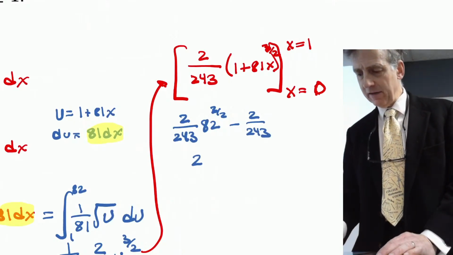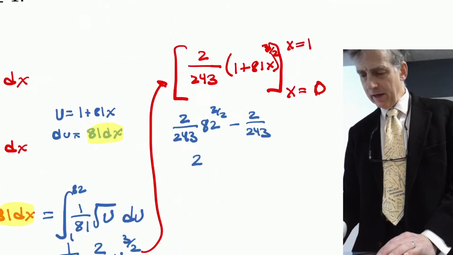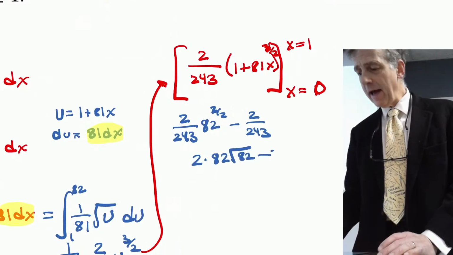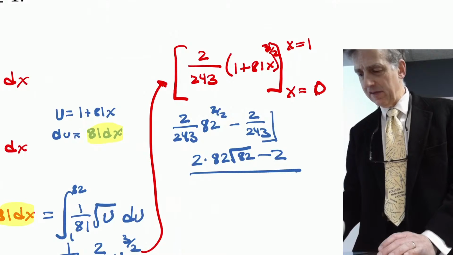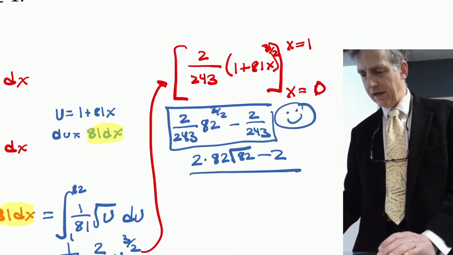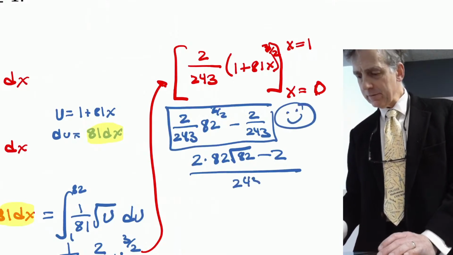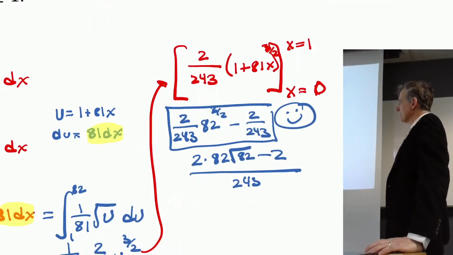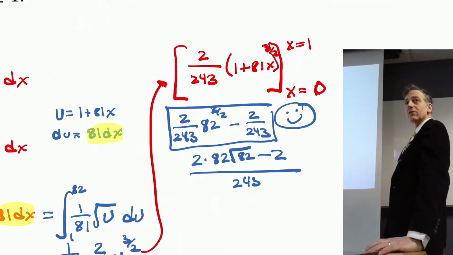But I suppose you might say, let's do this: 2 times 82 radical 82. I'm happy with, you box this up here and you're going to get your smiley face. But you could simplify it if you want. There you go. Any issues, questions, concerns?